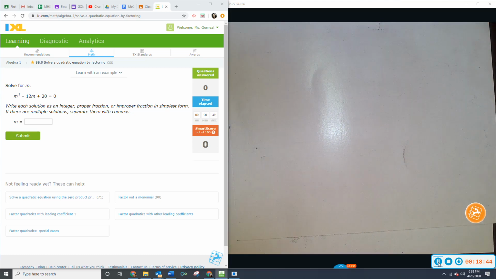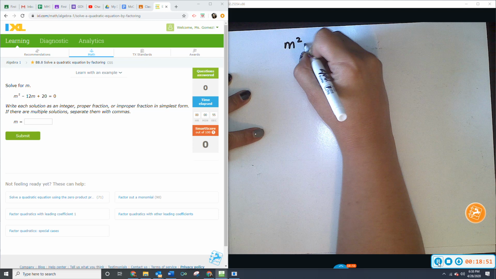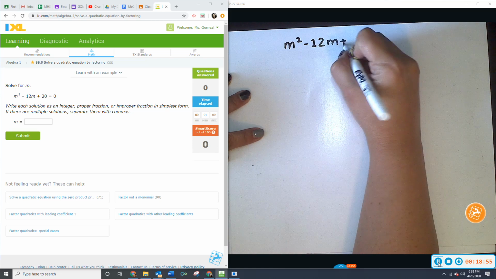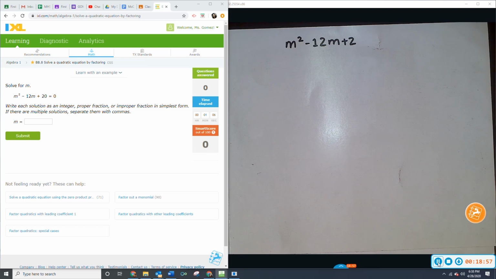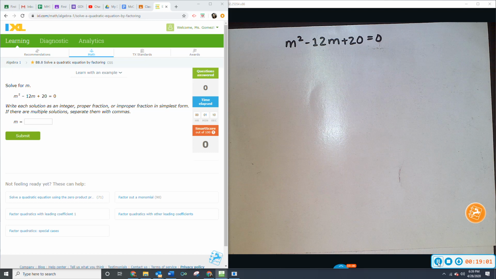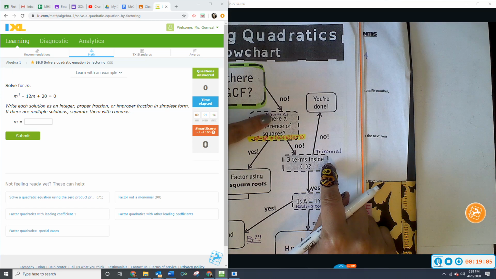As a matter of fact, what we have here is m squared minus 12m plus 20 is equal to 0. So there is not a GCF. Is it a binomial or trinomial? It's a trinomial.